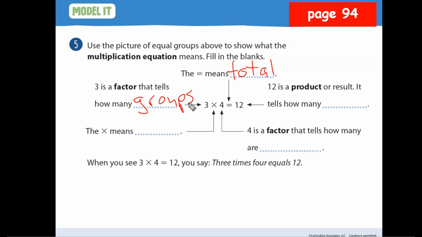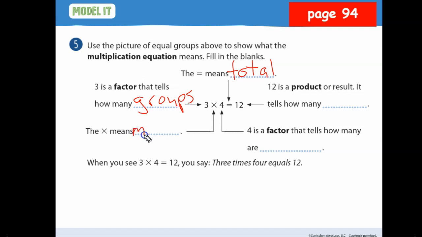The 12 is the product or the result. The equal sign tells you what's the total. The X means to, what does the X mean to do? Times, or what's the other word?